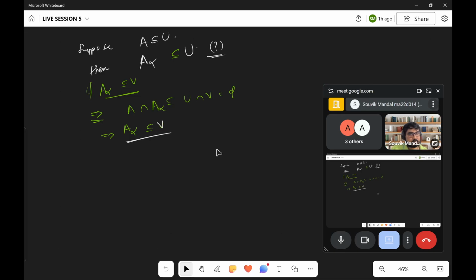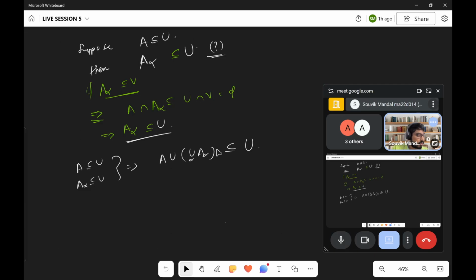So till now we get that A is a subset of U and A alpha is a subset of U. So this implies that the union over alpha of A alpha, together with A, lies inside the whole of U. But initially we assumed that this is equal to U, and U and V form a separation.